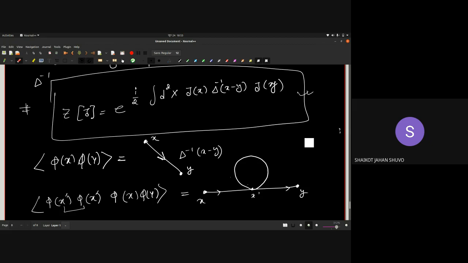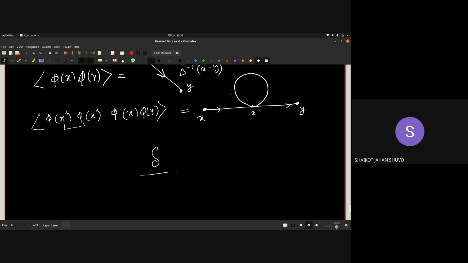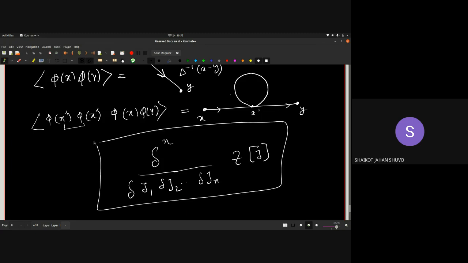And all those formalisms use this path integral formalism, where you have to first write down something like this Z of J, and ultimately you have to compute things like delta J of 1 delta J of 2, let's say the nth derivative of your Z of J. It all boils down to your functional derivatives and stuff like that.